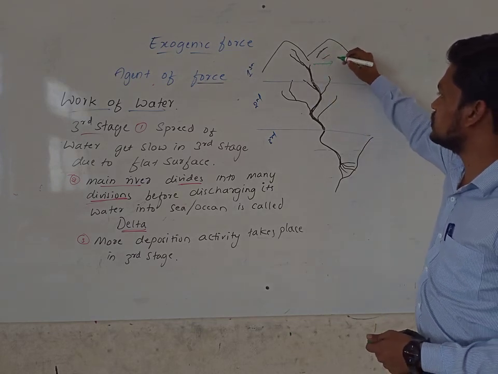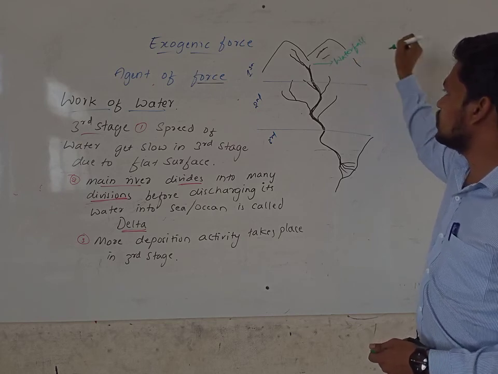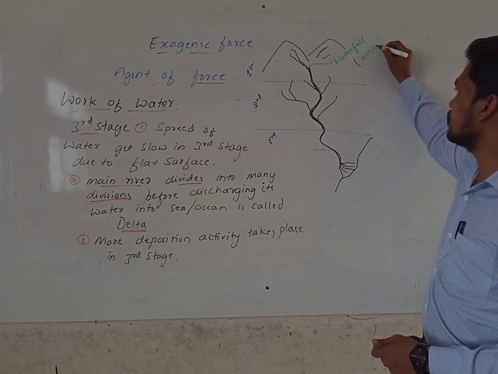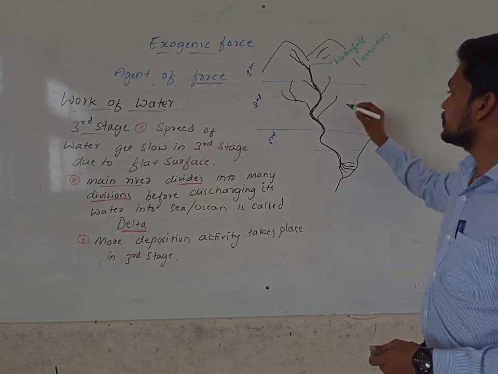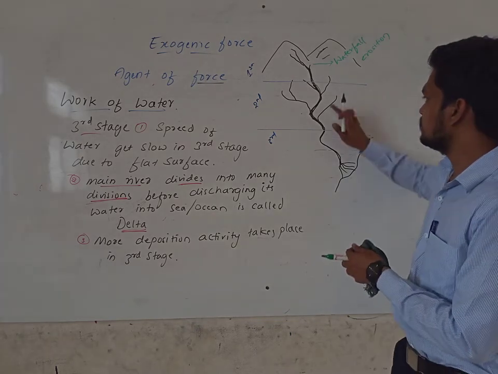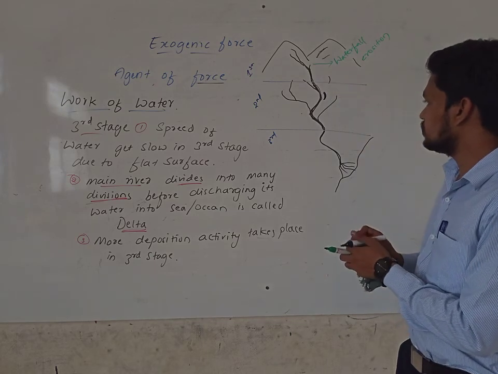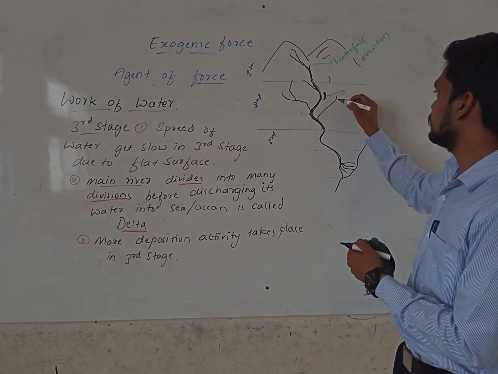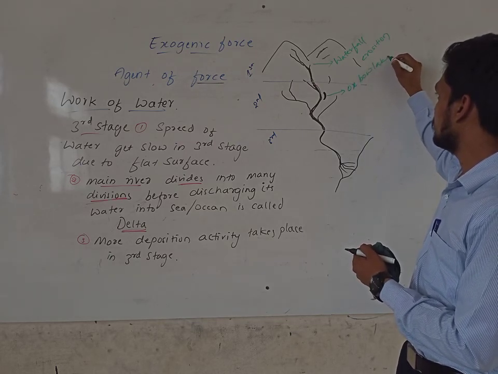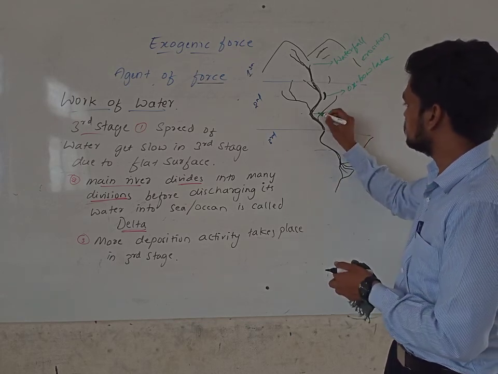The landforms like waterfall, we can see a waterfall here. Then erosion here, oxbow lake, and meanders.